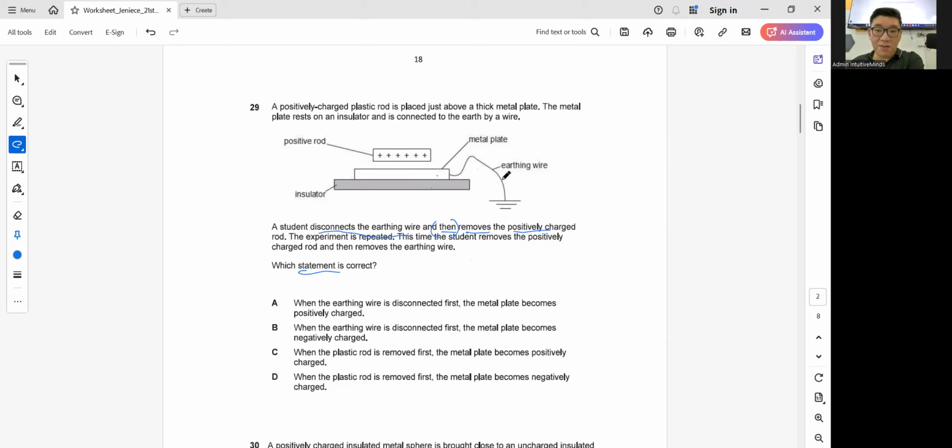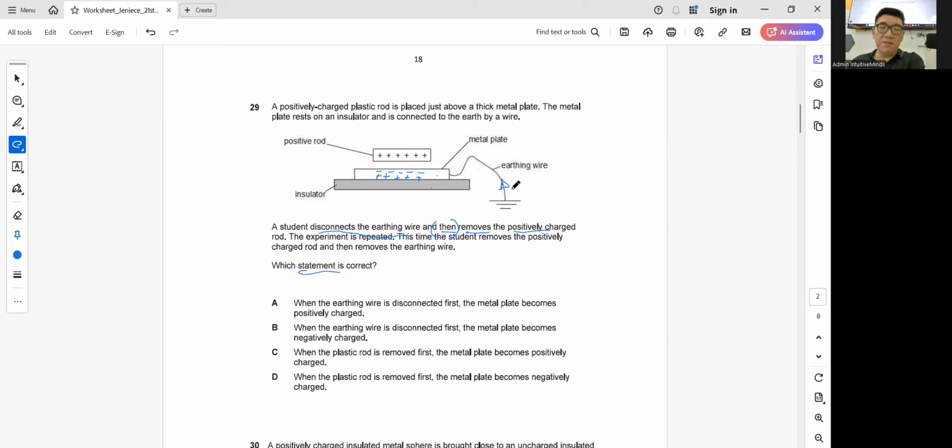So when this happens, as of now, if you see the diagram, you'll get negative charges induced, okay? And the positive charges want to move out. You have an earthing wire here. So let's draw some positive charges.